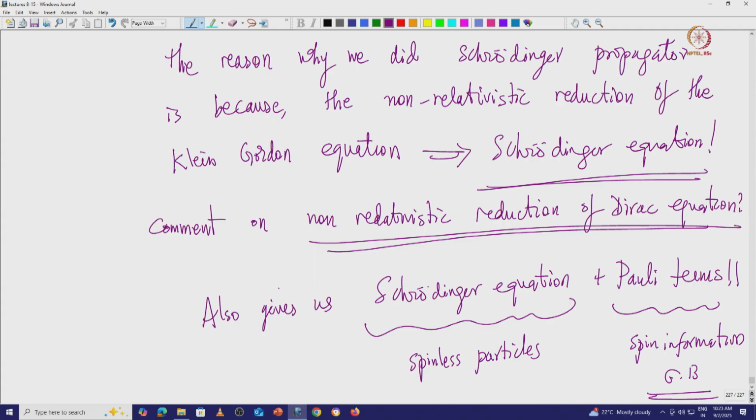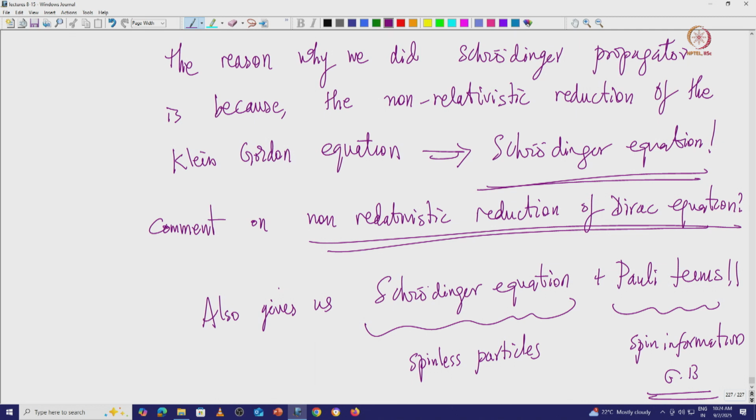For that you need to couple the Dirac equation to an electromagnetic field and then do the non-relativistic reduction. There are small component and large component, and it decouples into two-component forms, and that is how you get back these Pauli terms. I will do it at some point if time permits, but you should remember this part, that the non-relativistic reduction of the Dirac equation also gives you the Schrodinger equation plus Pauli terms.